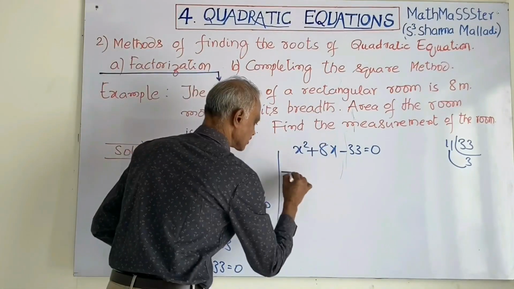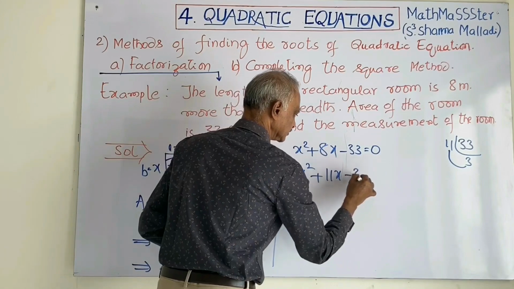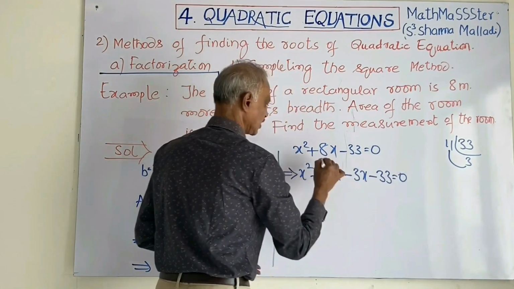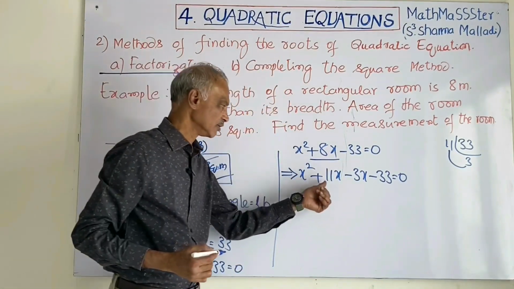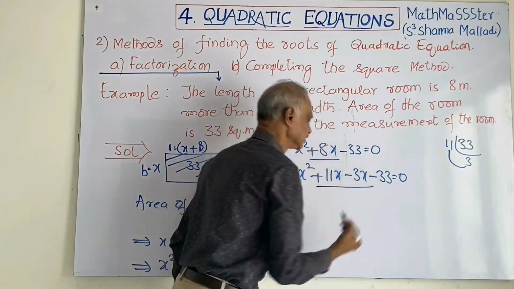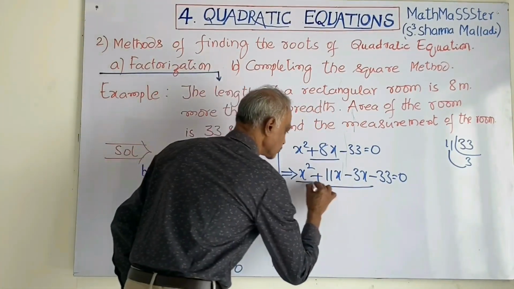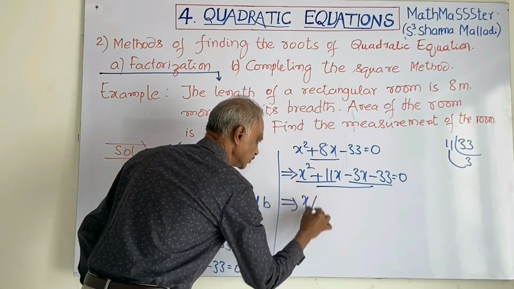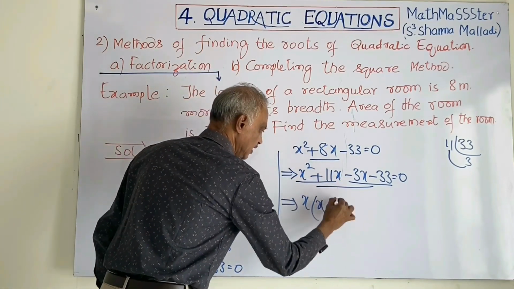It can be written as x squared plus 11x minus 3x minus 33 is equal to 0. I split this 8x like 11x minus 3x, and minus 33 is already there. You take these two terms and these two terms.